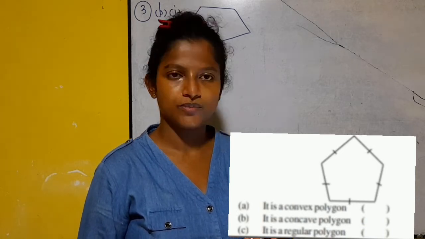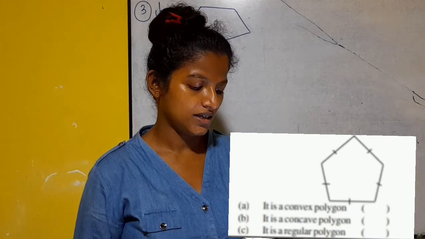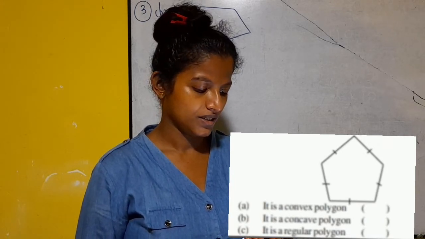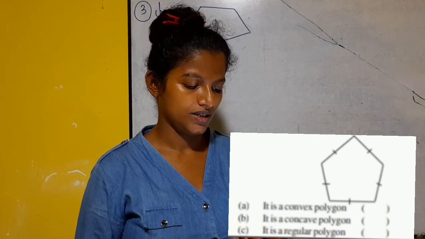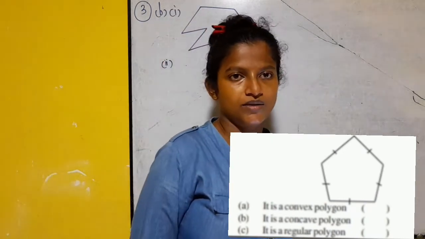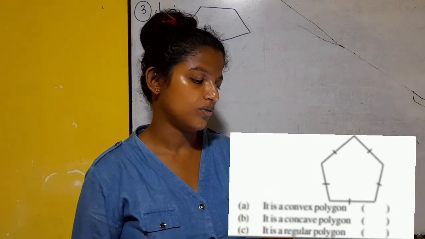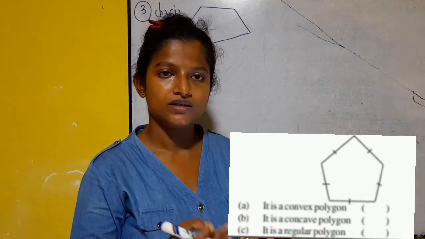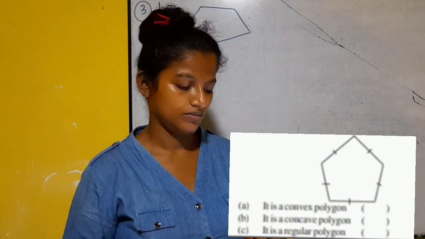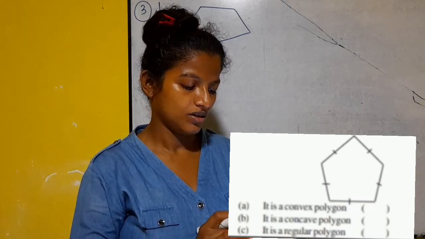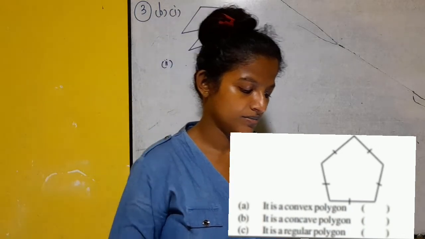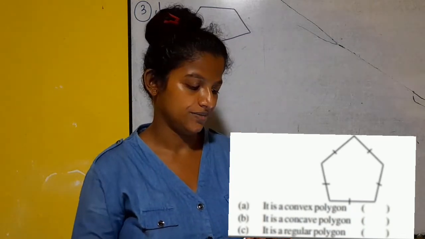This is a convex polygon, that is correct. Then it is a concave polygon, that's wrong. It's a regular polygon. This is not a regular polygon because though all the sides are equal in length, all the angles are not given as equal in magnitude. So we can't take it as a regular polygon. Only statement A is correct here.